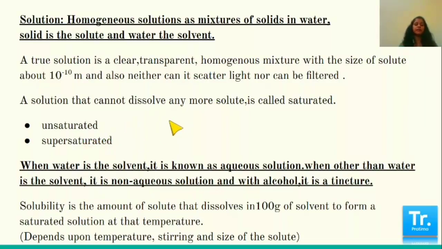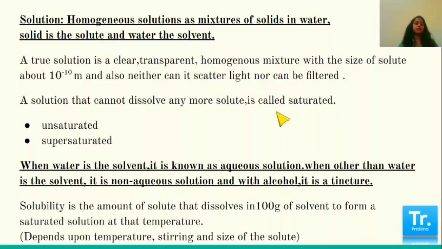I'll explain. Suppose you have a glass of water and you add 1 spoon of sugar to it, and then you add another spoon of sugar to it and stir it. That is unsaturated because it can still dissolve half a spoon more of sugar. When you add 1 more spoon of sugar to that, you'll see small granules, small crystals of sugar at the bottom of the vessel, showing that the solution has become saturated.